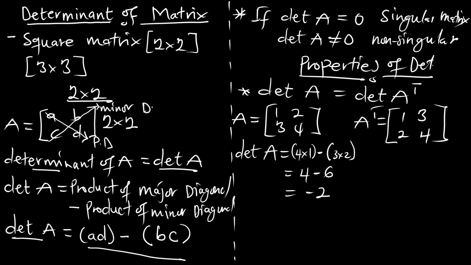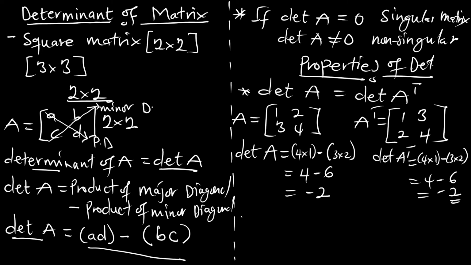We are saying det A is equal to det of its transpose. So det A transpose is 4 by 1, the major diagonal, minus 3 by 2. The same thing, 4 minus 6, and that is negative 2. So the determinant of a matrix is equal to the determinant of its transpose.